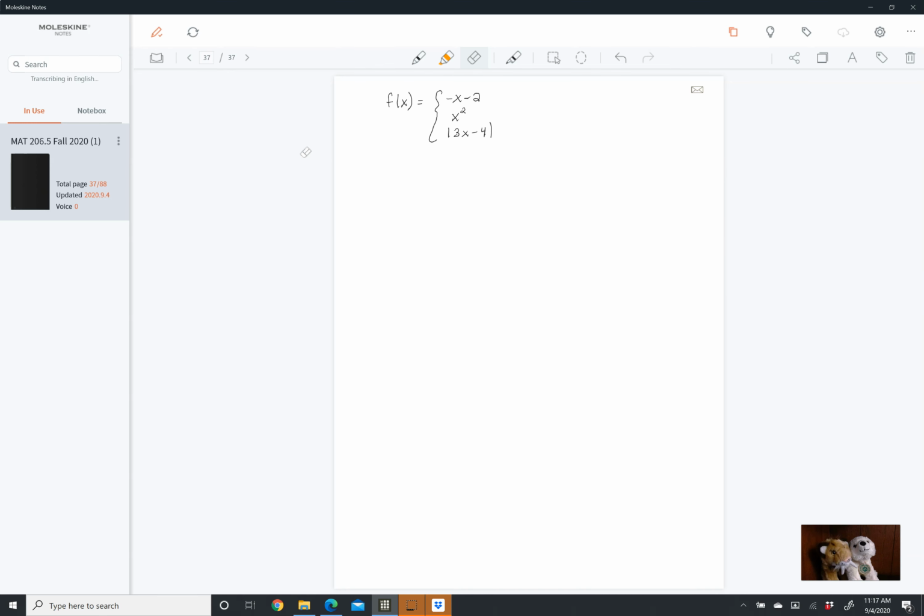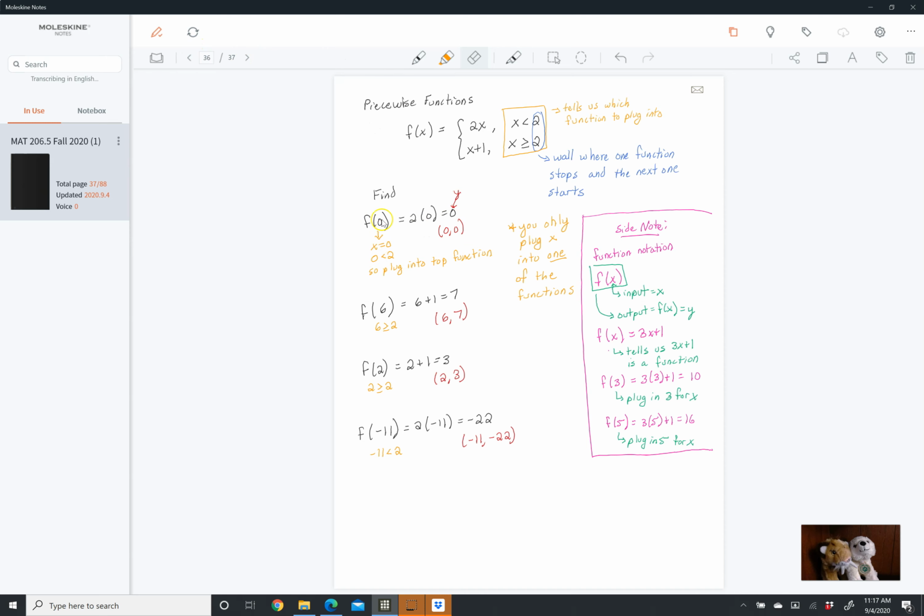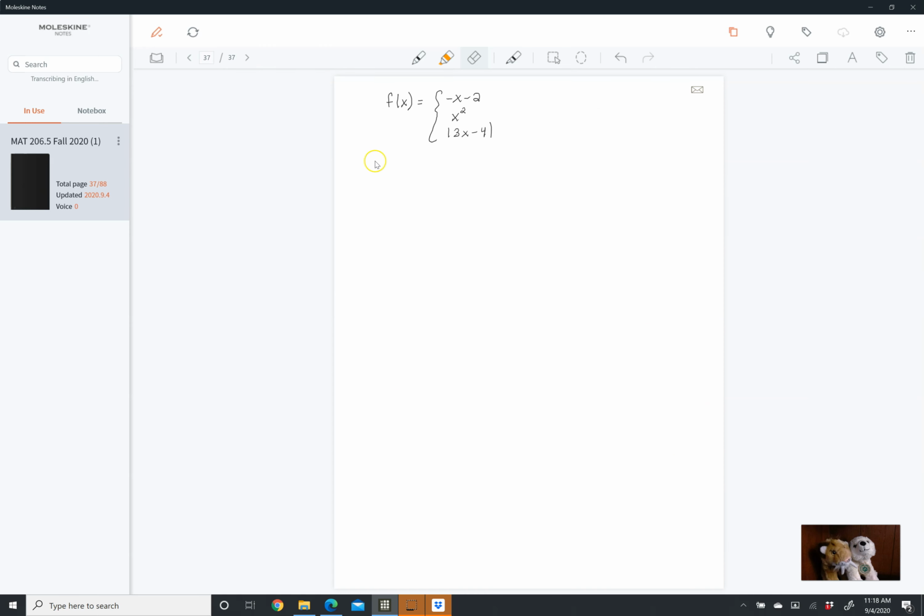So I wouldn't ask you to graph this, but I would ask you to evaluate y values, okay, based on x values. So you may be asked to do something like this, but you won't be asked to graph. So let's say that negative x minus 2 is when x is less than or equal to negative 5.